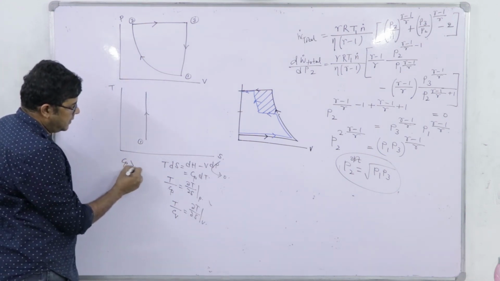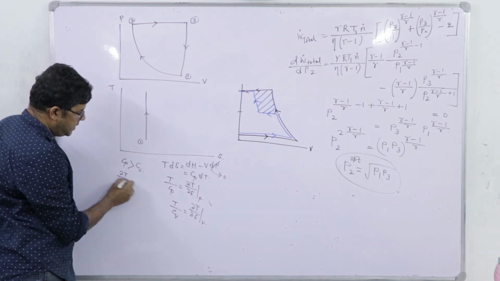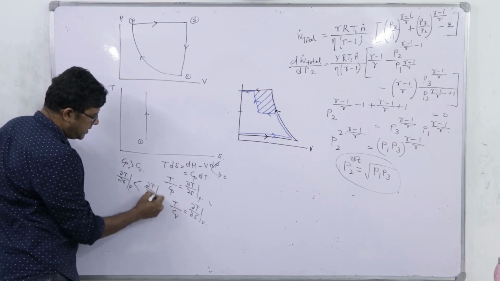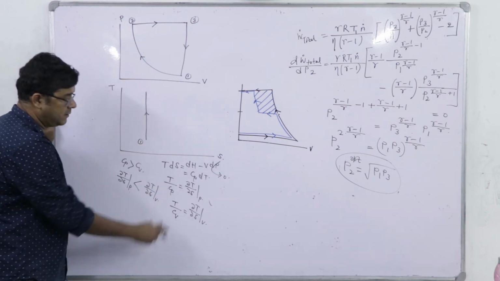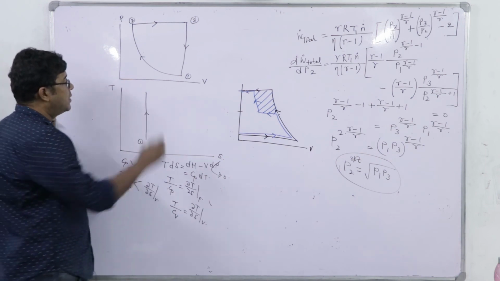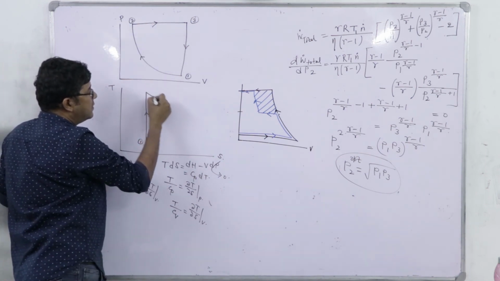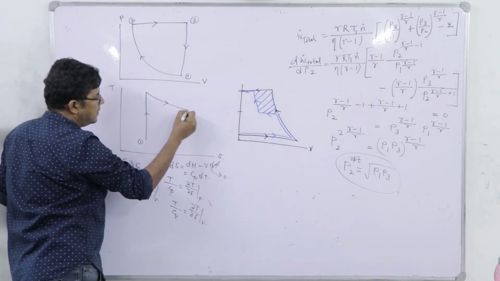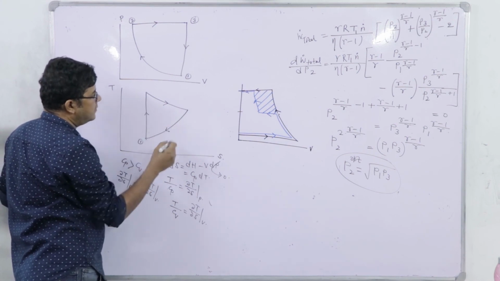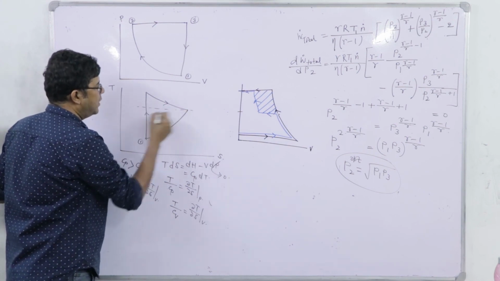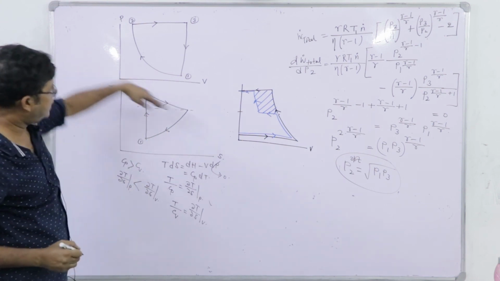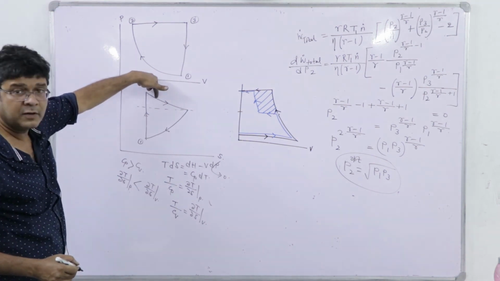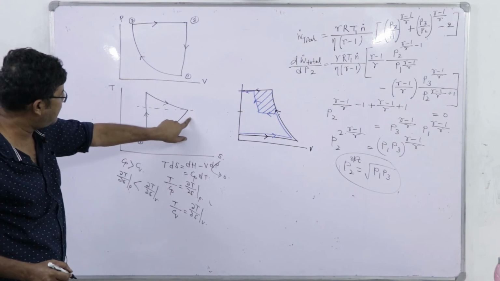Now, Cp is greater than Cv, so del T del S at constant P should be less than del T del S at constant V, because Cp and Cv both appear in the denominator. So, here it is this sort of curve, because this point will be above and over the midpoint, as the slope is lower for isobaric.